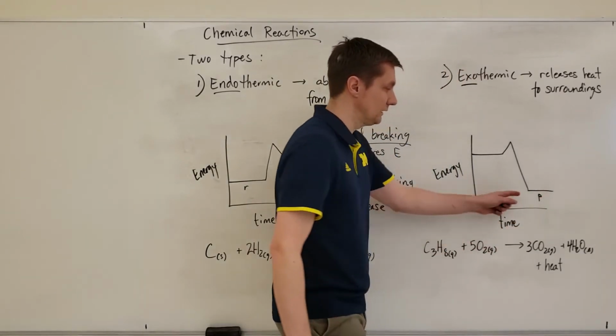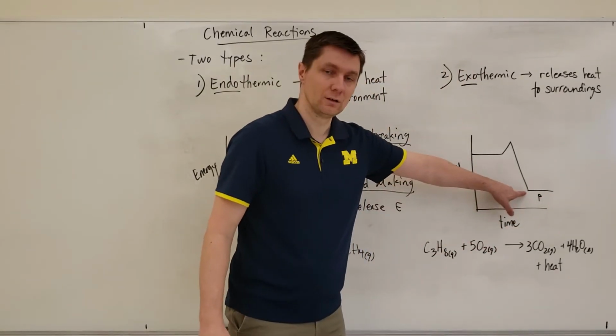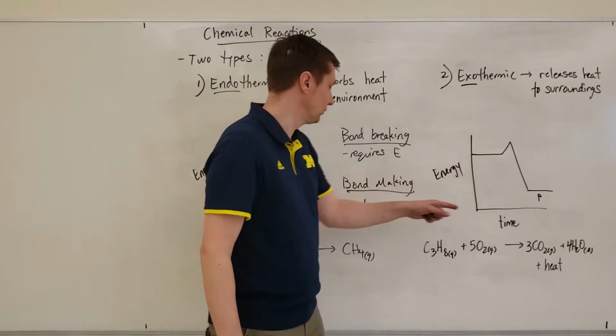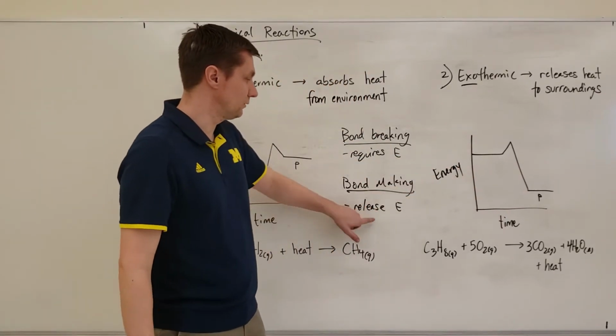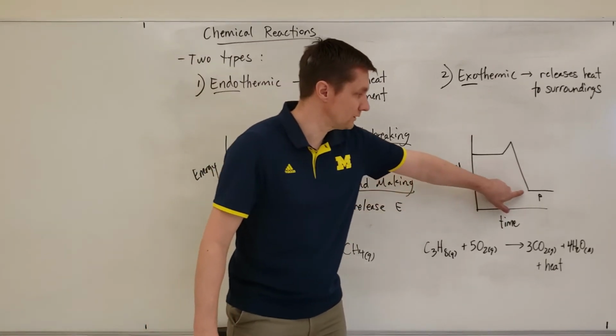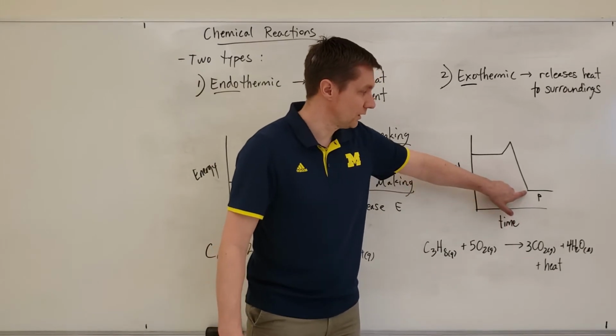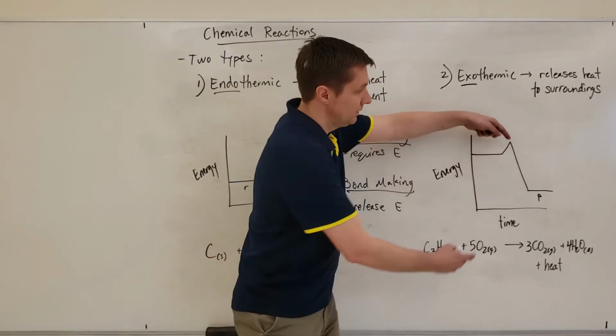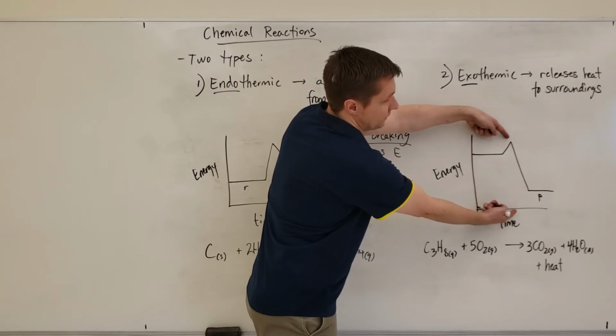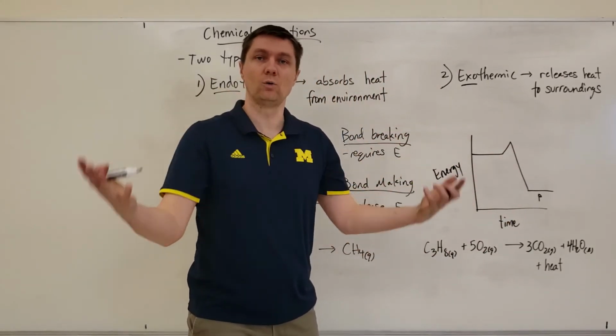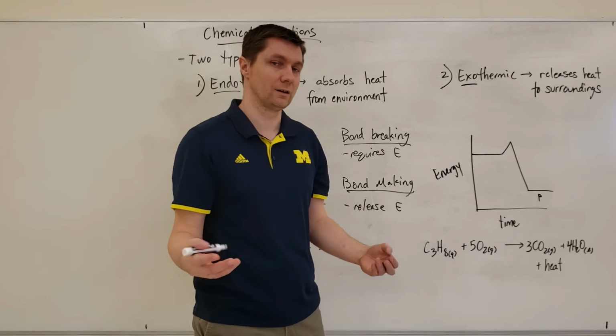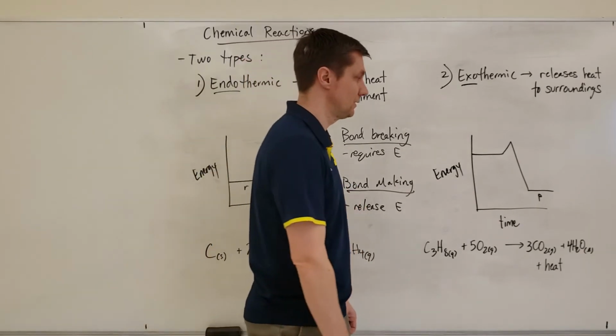And so the products only need this much energy in order to be formed. When I form these bonds here for the products, it only needs this much energy. Because I have that much energy in the reaction, then I've got a whole bunch of surplus energy that's not needed, and that is then released to the environment.